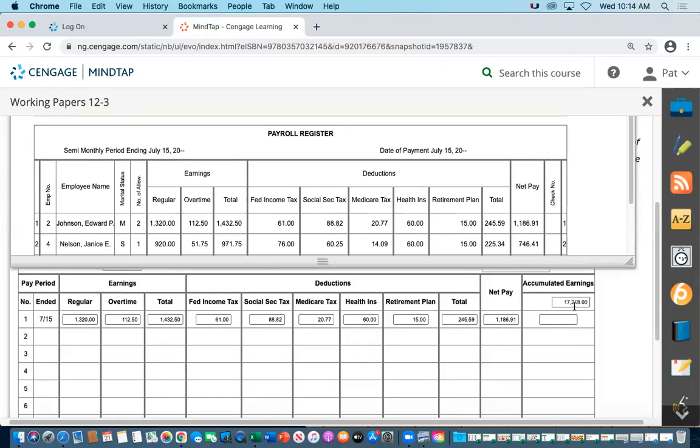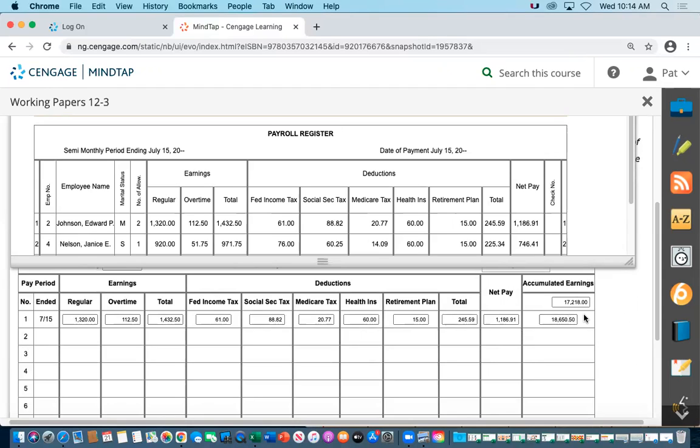So we take $17,218 plus all the money we made before deductions, which is total earnings or gross pay, $1,432.50. And you get $18,650.50. Do not add net pay, you will get it wrong.